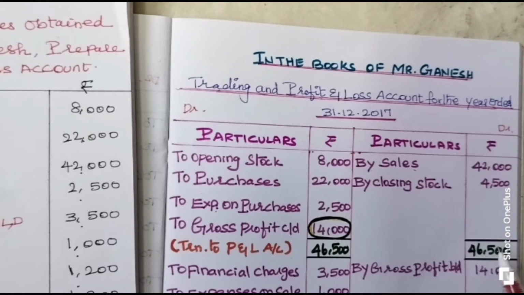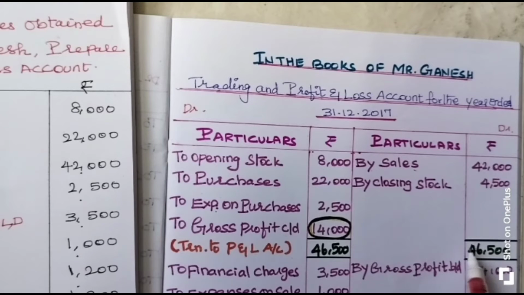Credit side has the higher value, 46,500 rupees. Listen, if the credit side has a higher value than the debit side, then we will get gross profit carried down. We have considered this 46,500 as the total.